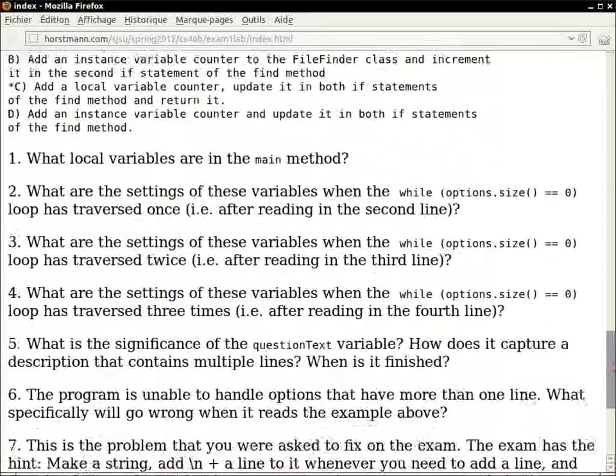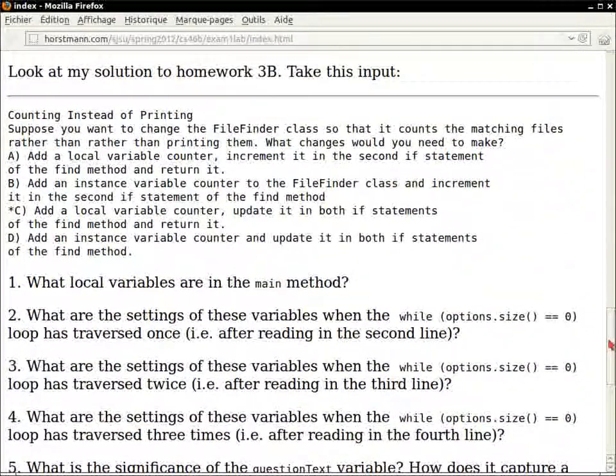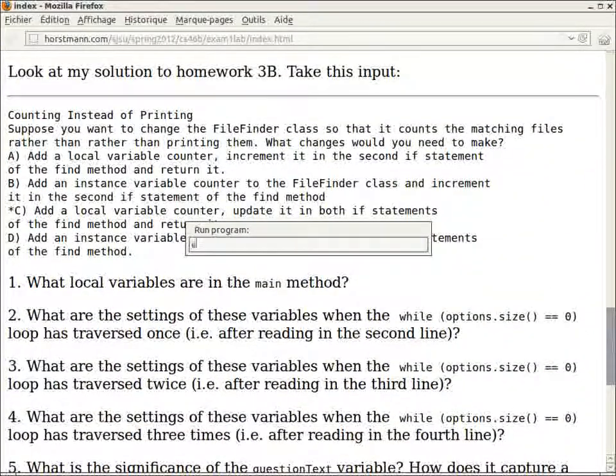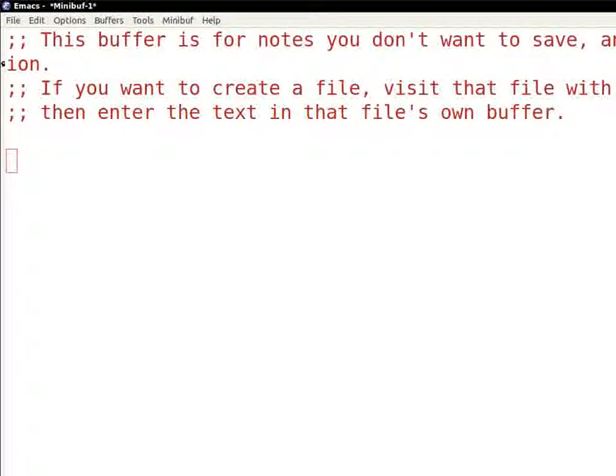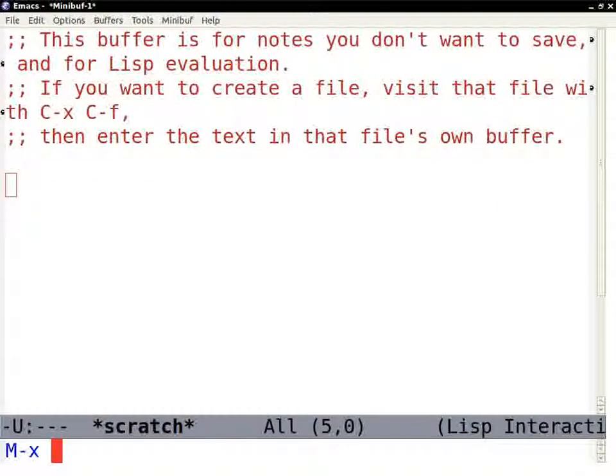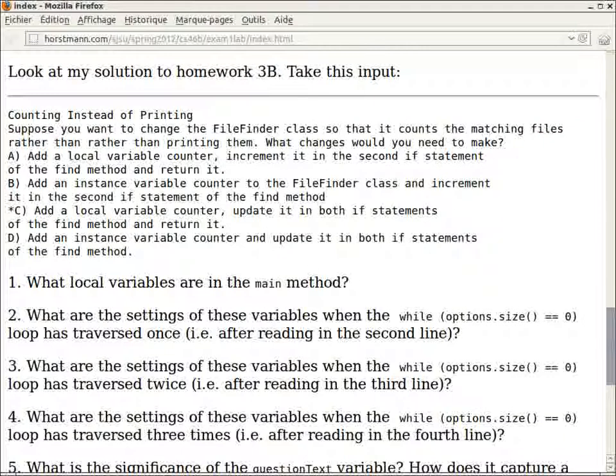And so let me pull up this code real quick here. Goodness, which one was it? Does anyone remember which assignment this was? Okay, 3B.